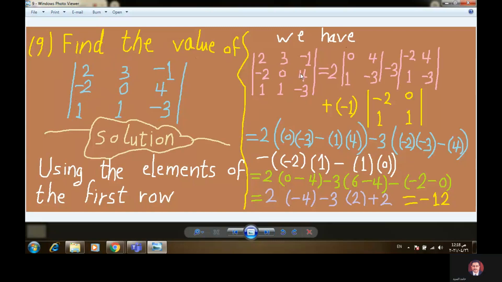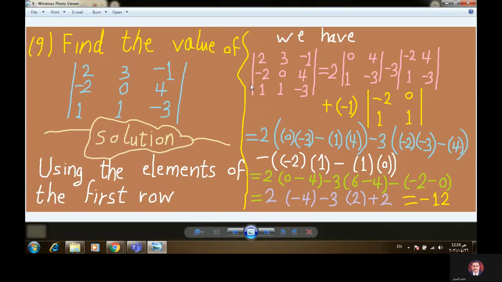Negative 2, 4, 1, and negative 3. Put it here. Plus negative 1. This element, put it here. Beside it, put this determinant after cancelling the row and the column, which consists of negative 2, 0, 1, and 1.